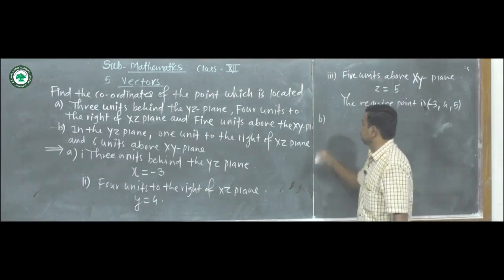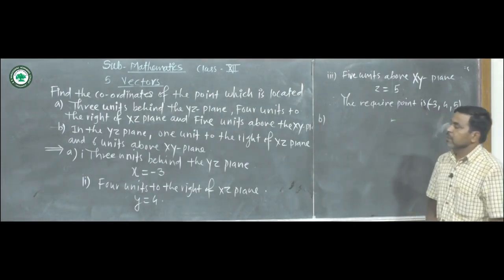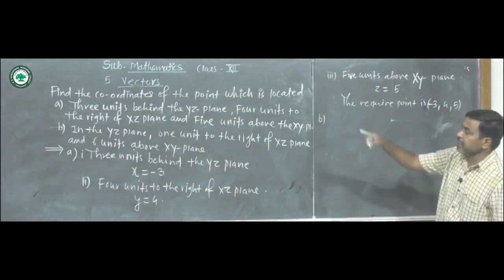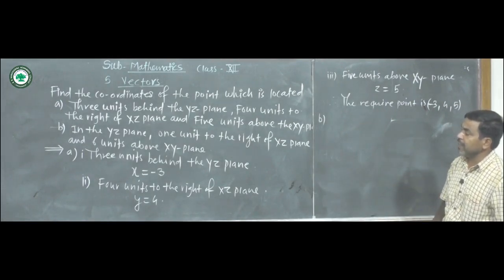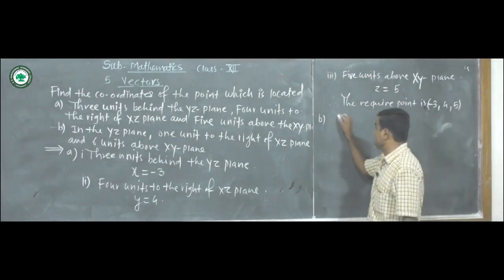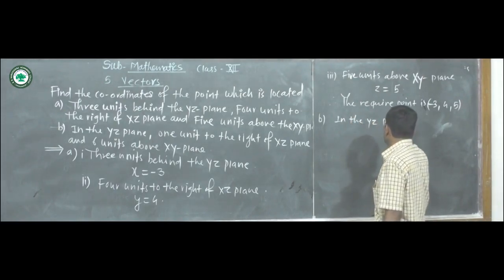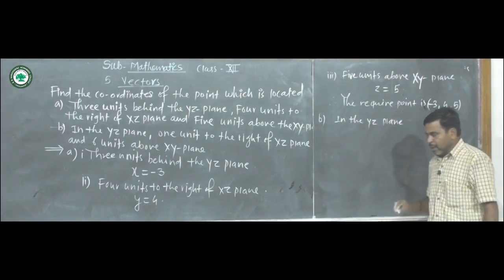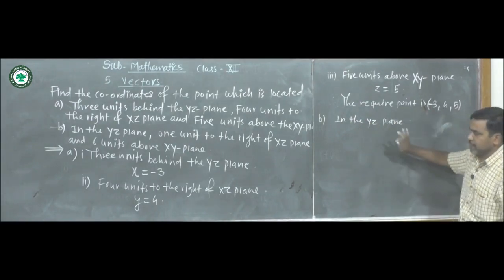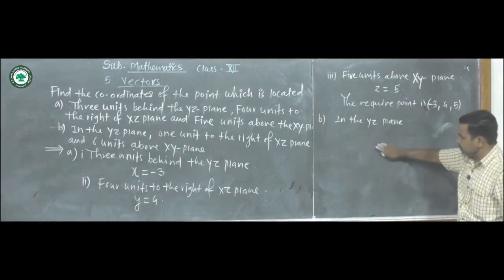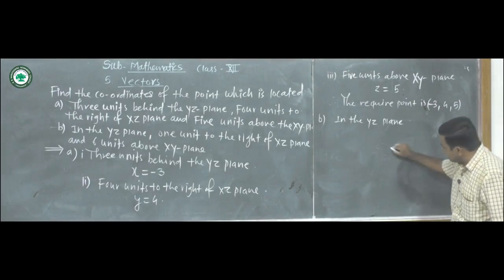Similarly, see B. Sub question B. In the YZ plane, location of the point. See, if this blackboard is the YZ plane, suppose for some time, and the point is here.